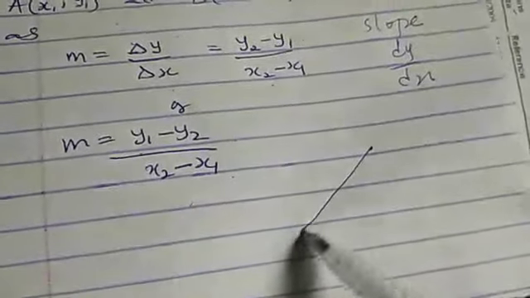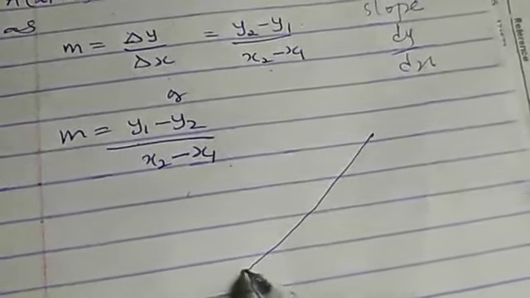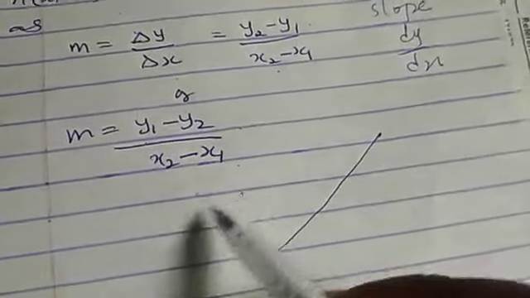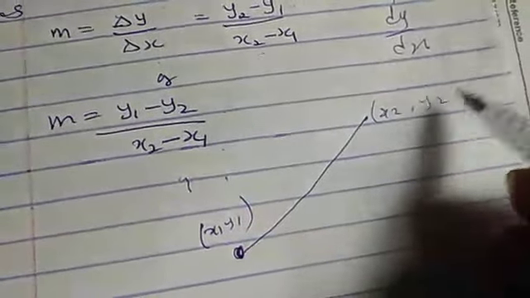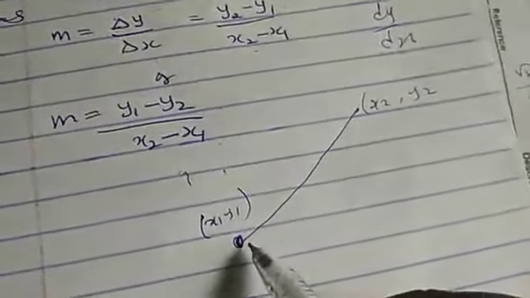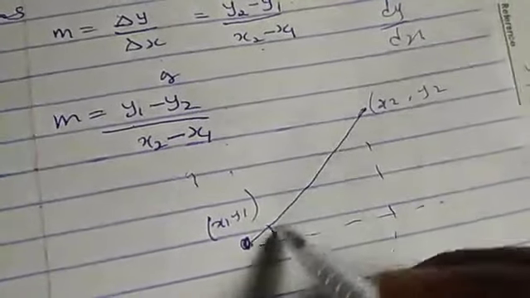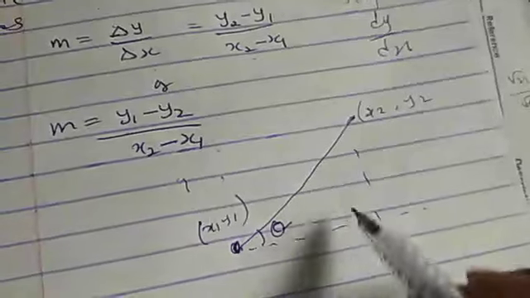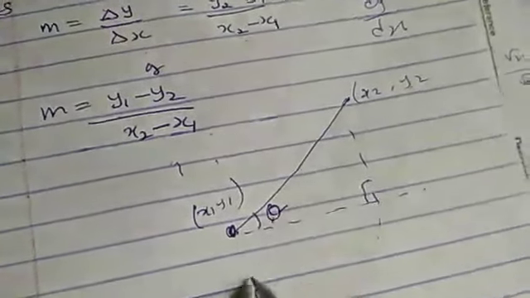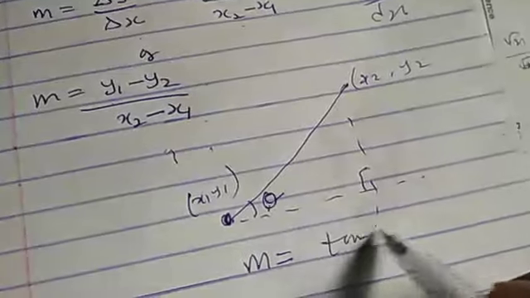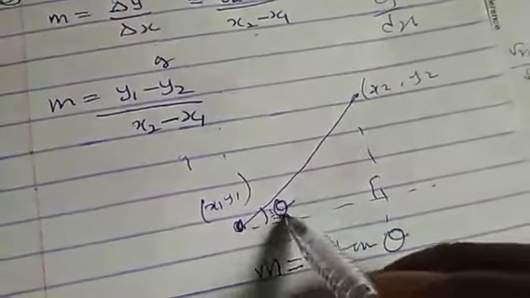What we are trying to say is this: if you have a point (x1, y1) here and a point (x2, y2), consider the adjacent angle here. Tan of this angle is what we call gradient. M is tan theta, tan of this angle.